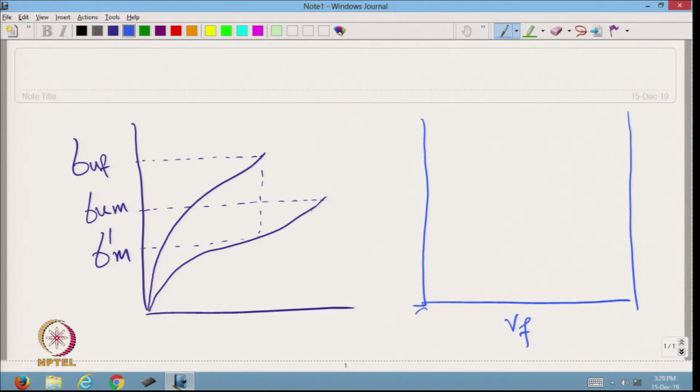At this point the volume fraction is 0, here volume fraction is 1. So, at volume fraction 0, as per this equation, let me draw the equation for composite.